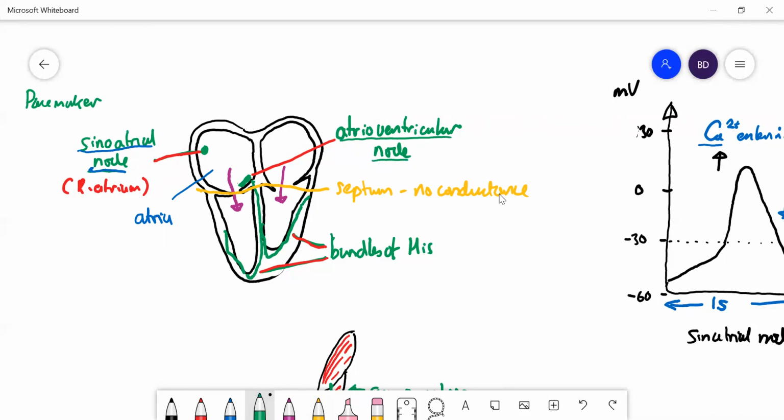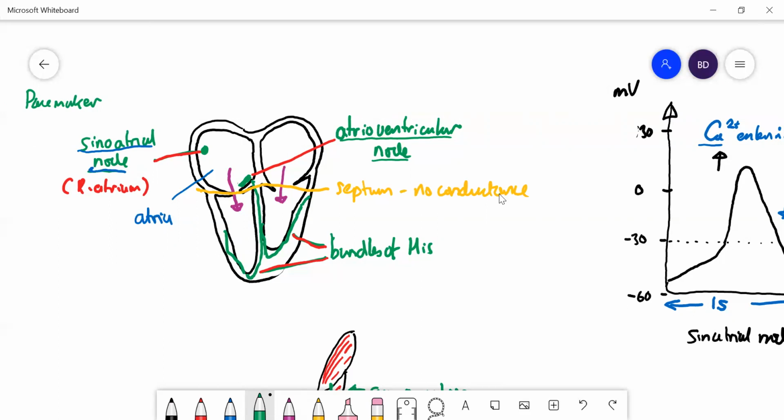That will be stimulated to fire as the cells of the atria fire, but there'll be a time lag, and that's really important because this firing of the atrioventricular node causes the ventricles to contract eventually, and of course you want that to happen a fraction of a second later than the atria contracting.